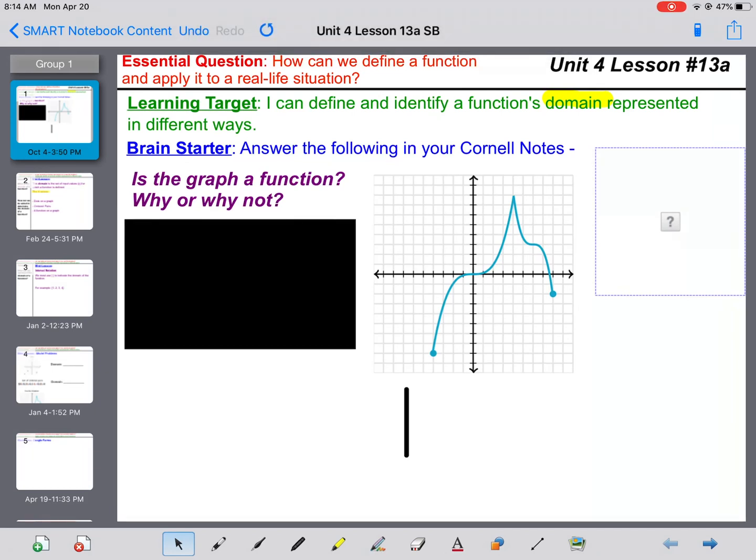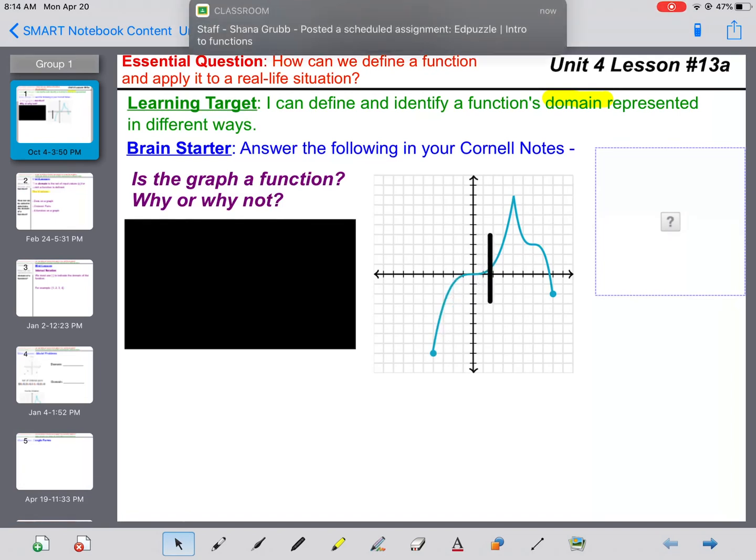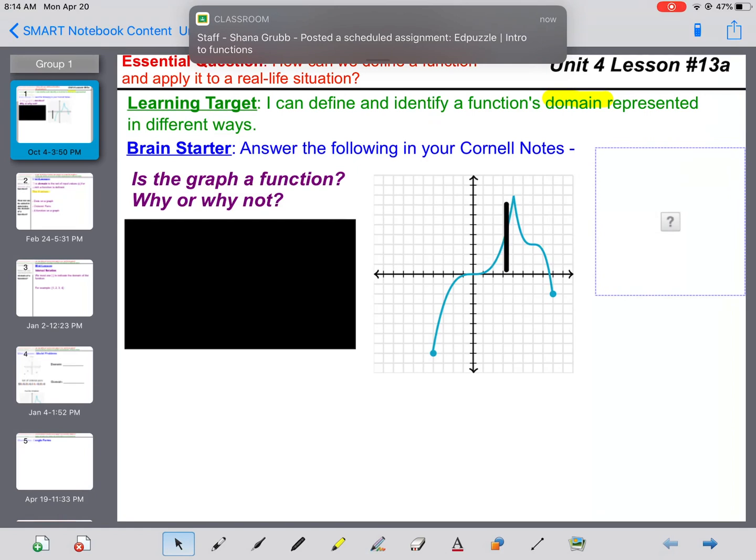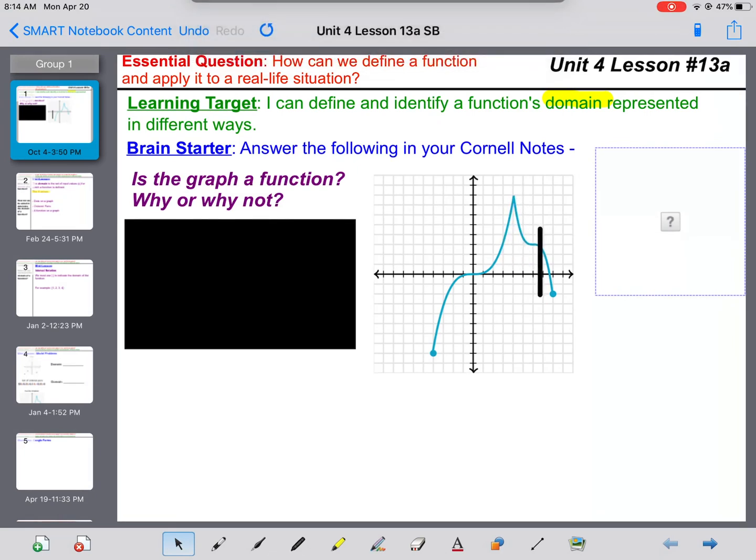Okay, so let's grab your pencil, or let's make a straight line like I have here. And we're going to be going from left to right on the entire graph. If you notice, this graph only touches our vertical line one time throughout the entire way from left to right.